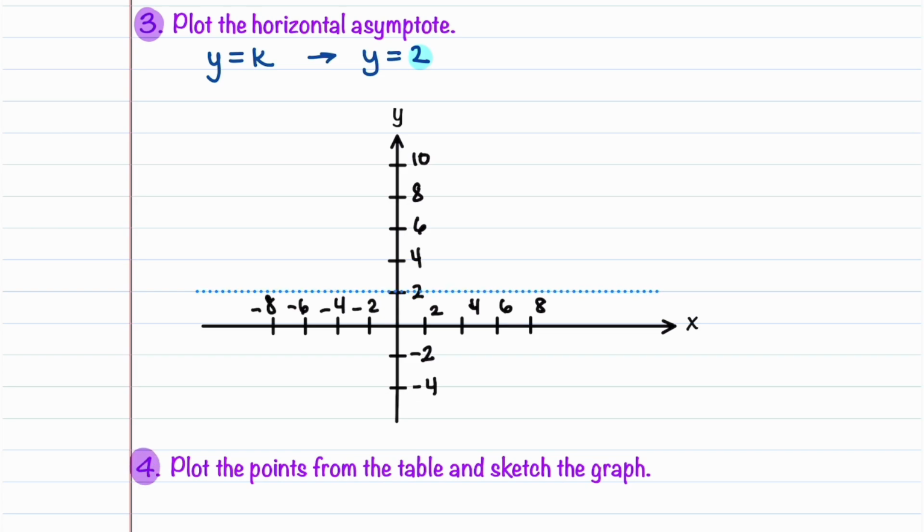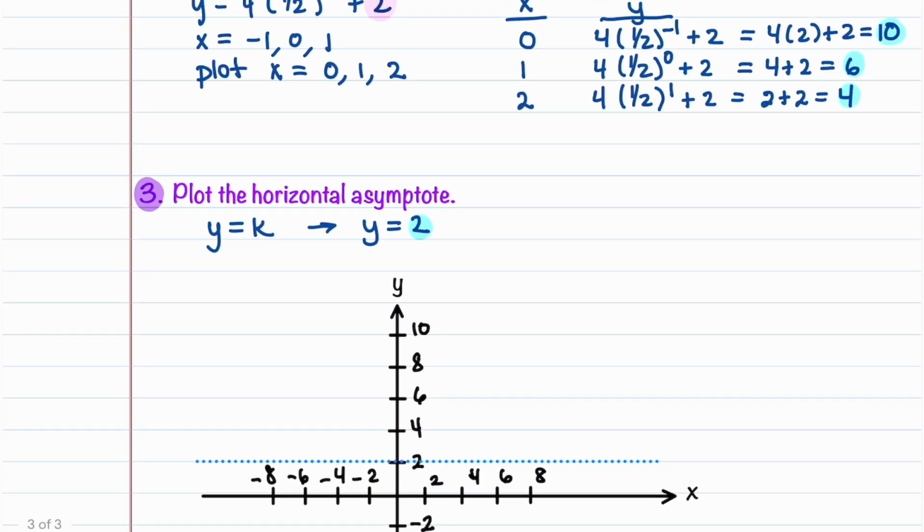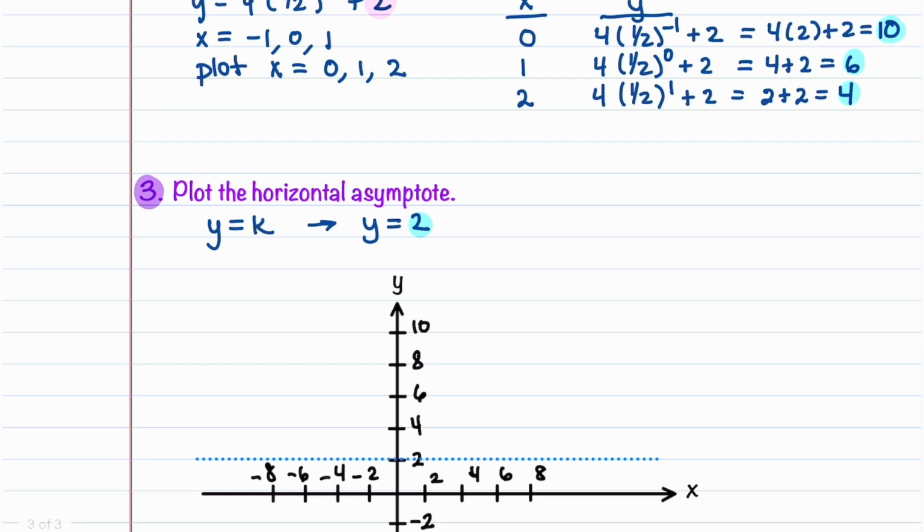And now we can go back up to our table and plot those points and then sketch our graph. Our first point is x is 0, y is 10, and that's going to be this point right here. And then x is 1, y is going to be 6, so that's going to be right here.